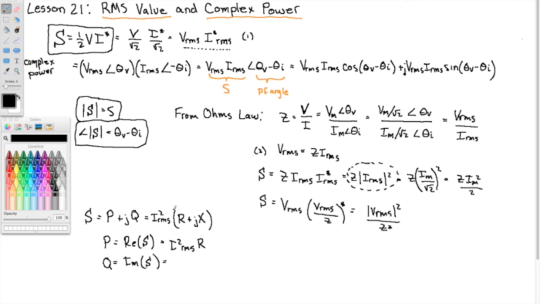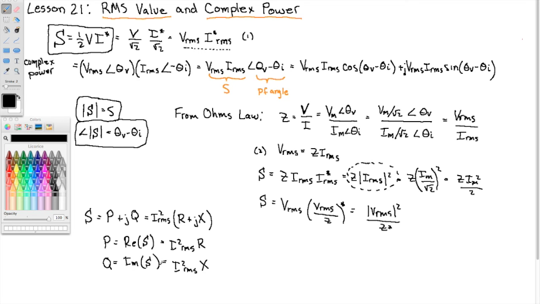If we distribute this in, that is I squared RMS times X. So P is the average or real power, and it depends on the load's resistance, R. Q is dependent on the load's reactance, X, and so this is called the reactive power.